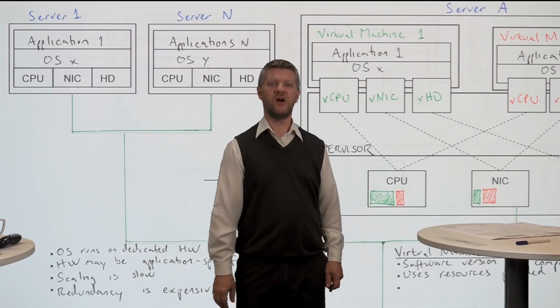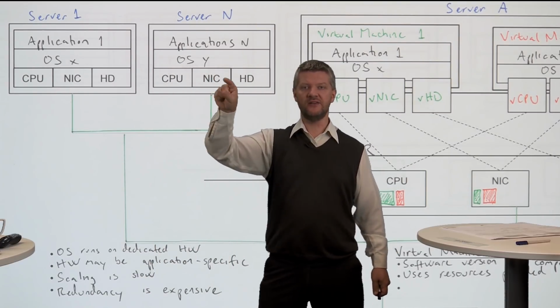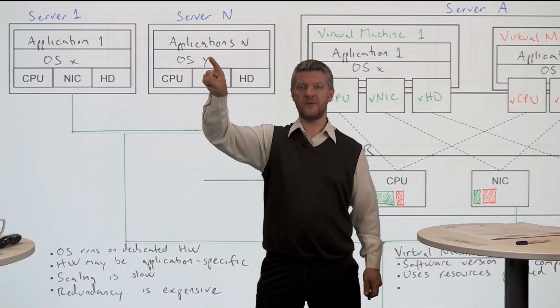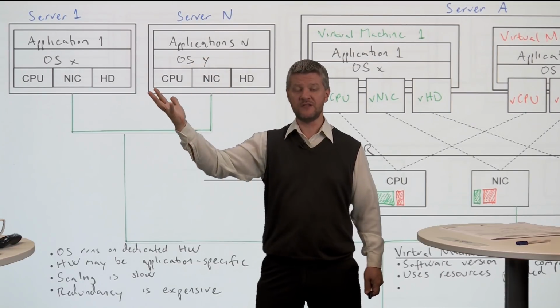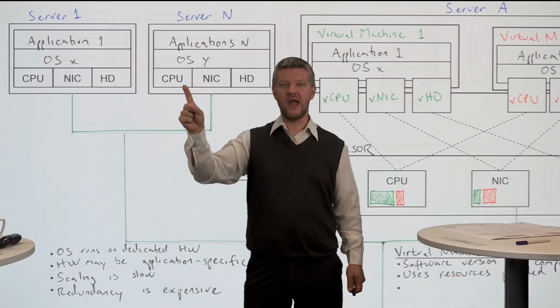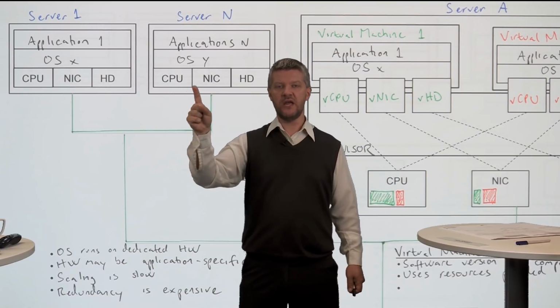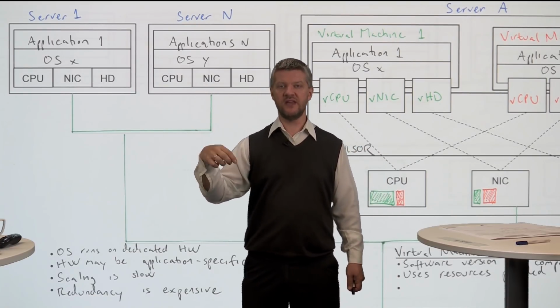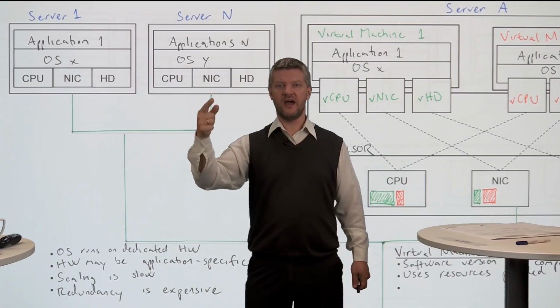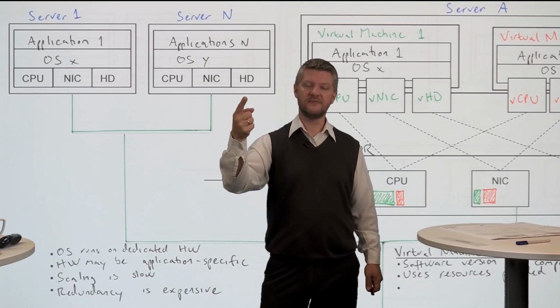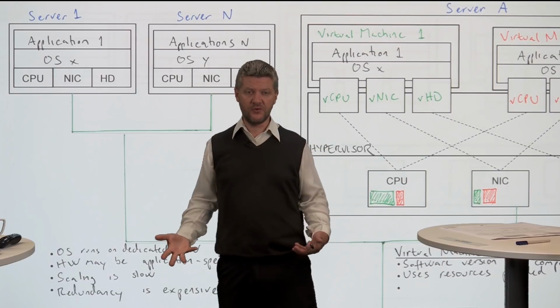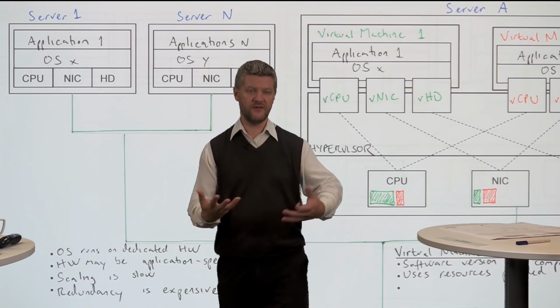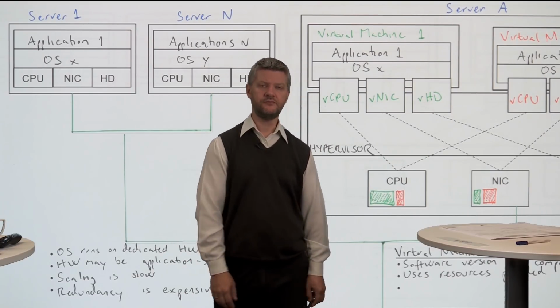So in order to describe this whole server, I need to describe this up here, the applications and the OS. I use that for an image file. And then I need to describe the physical machine in which this is running. So I'll say, I have this amount of CPU. I have this kind of network card. I have this amount of hard drive. I have this amount of RAM. And I have this amount of different kinds of disk and so on.